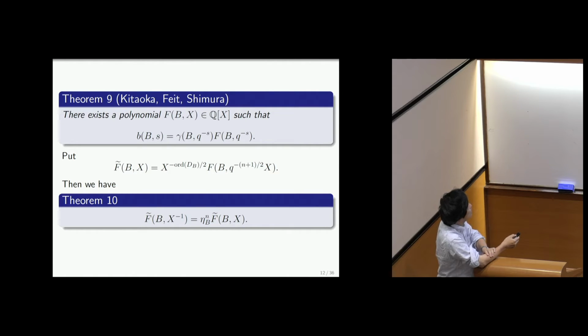Let F tilde of B, X be a Laurent polynomial defined by X to the minus order of d_B over 2 times F of B, q to the (n plus 1) over 2 times X. Then the functional equation says that F tilde of B, X inverse is eta B to the n times F tilde of B, X. So in particular, if n is even, this Laurent polynomial is symmetric.